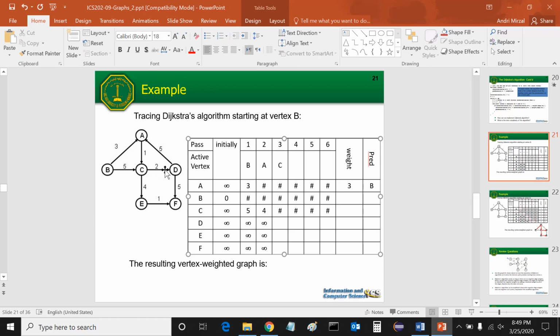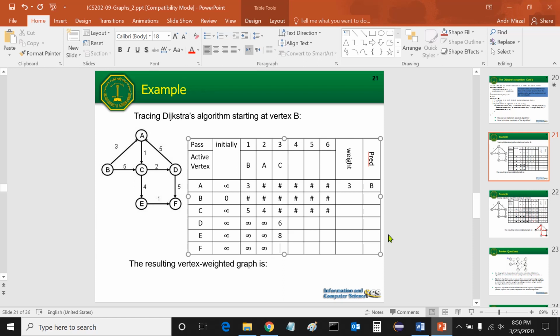That's why the value that we need to enter is not 2 but 3 plus 1 plus 2. That will be 6, right? Similarly, if we want to go to E from C, the path will be B, A, C, and E. That's why the total weight will be 3 plus 1 plus 4. That will be 8. Okay.